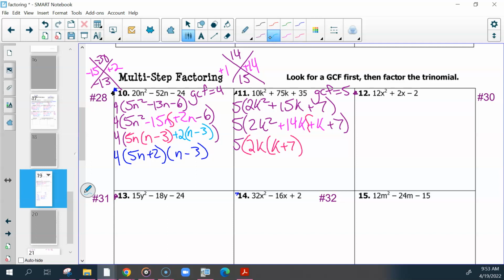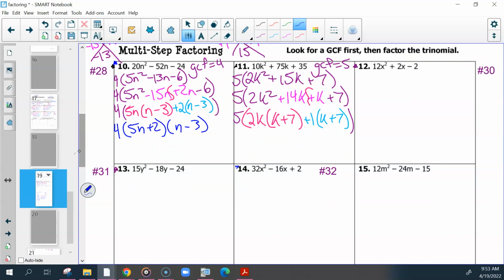What would the GCF of the second two be? 1. Leaving k plus 7. So our final factors would be what? We're missing something? 5 at the beginning.